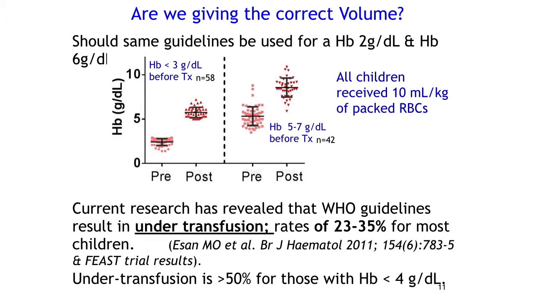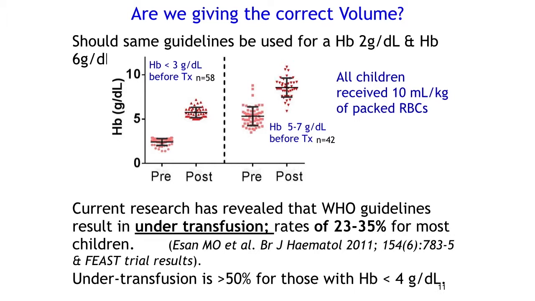So, other researchers have actually come up to throw more light on this: the way we are transfusing children, using the WHO guidelines, we actually are ending up under-transfusing several children. Up to 35% of our children are actually under-transfused. Under-transfusion is this kind of thing.